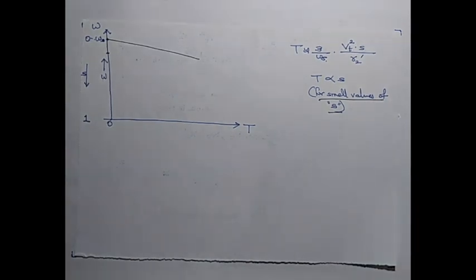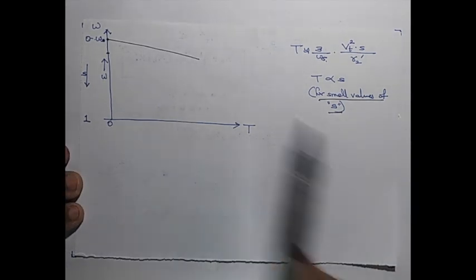After that, what happens? Will it continue to be a straight line? To answer that, I think you would have learned in your machines course that the shape is a straight line only for the initial portion.